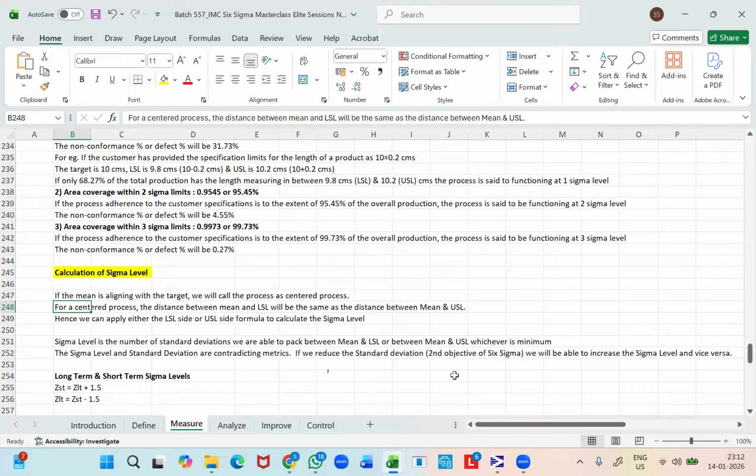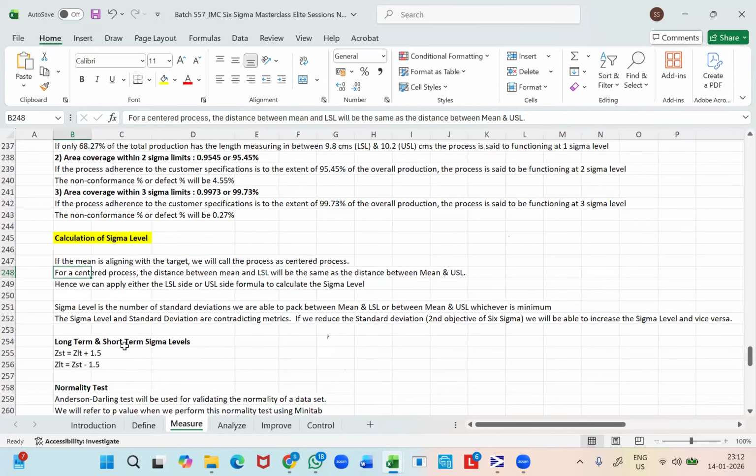That is why we say vice versa. And then the relationship between the long-term and the short-term sigma levels, right, as per Motorola. So the short-term sigma level will be the long-term sigma level plus 1.5, or the long-term sigma level will be the short-term sigma level minus 1.5, right?